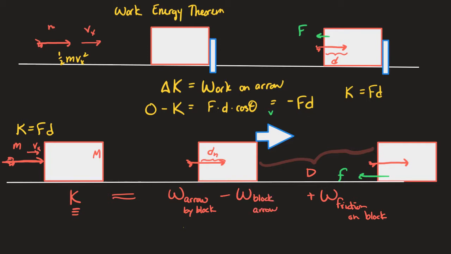I mean, doesn't the block speed up because the arrow hit it? Wouldn't that be true? And if you're asking why I'm subtracting it, that's taking arrow energy away from the arrow and putting it in the block. So the block would now have kinetic energy because it's moving.